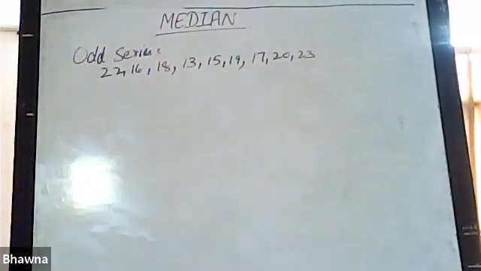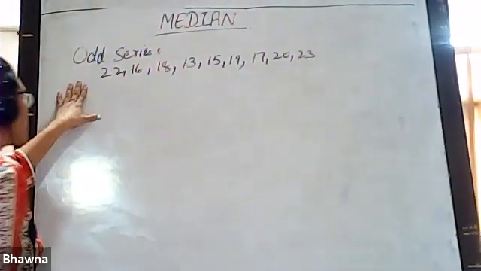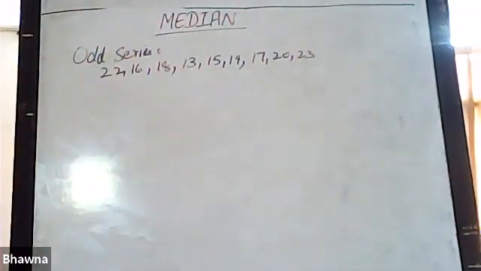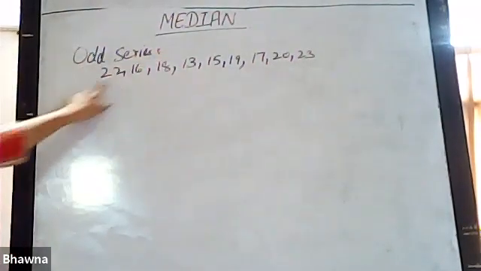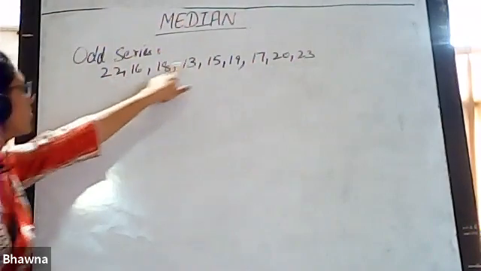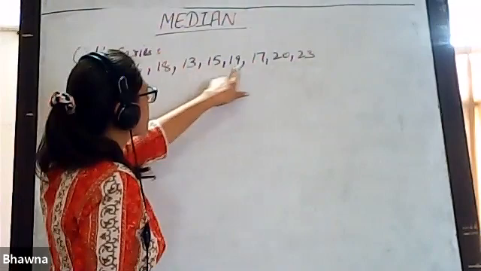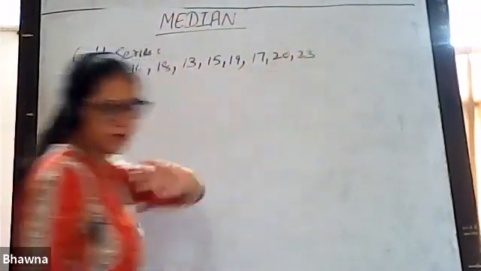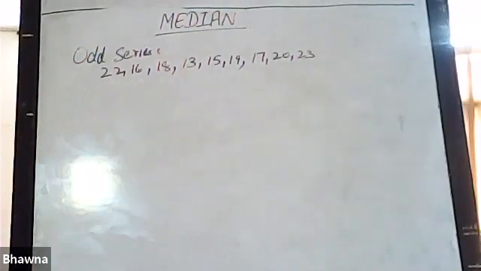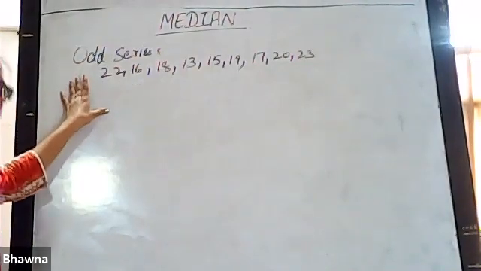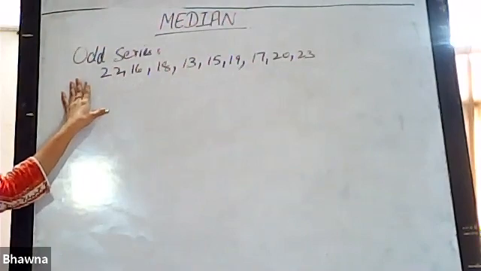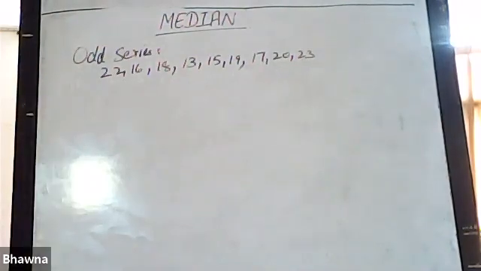Okay, so this is the main question: how can we check whether the sum we are going to solve is from odd series or even series? So now we can check. The number of items is 1, 2, 3, 4, 5, 6, 7, 8 and 9. So there are 9 numbers given. So as we can check, this is the sum from odd series.